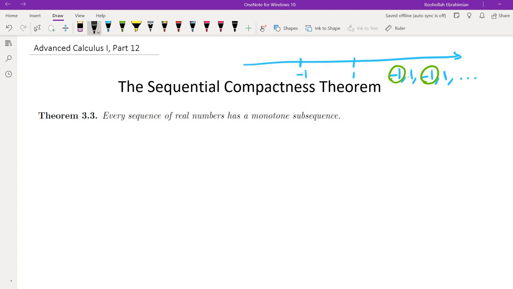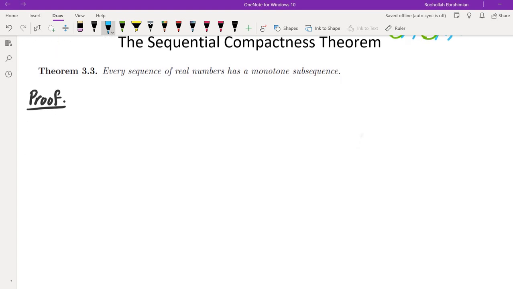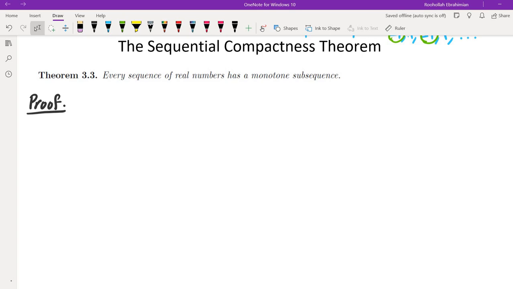The way we deal with that is that we first extract a monotone subsequence and then we use the monotone convergence theorem, which is why we will prove this theorem first. So the first theorem is: every sequence of real numbers has a monotone subsequence. As usual, we're going to talk about the scratch work on the right, and then we'll write down the actual proof on the left.